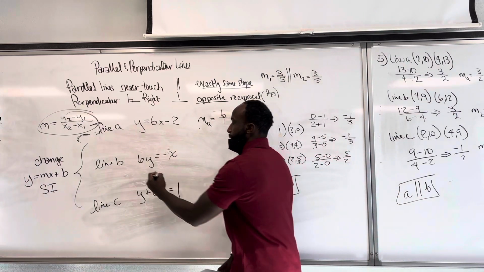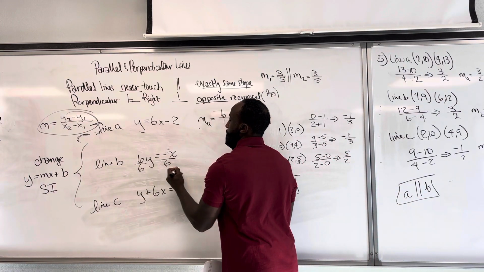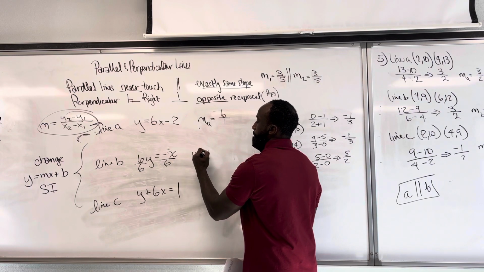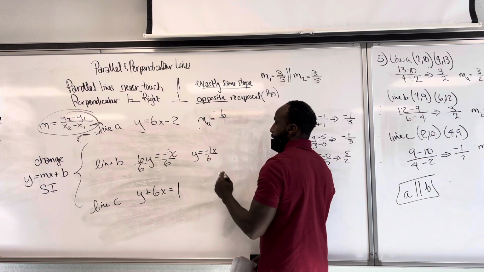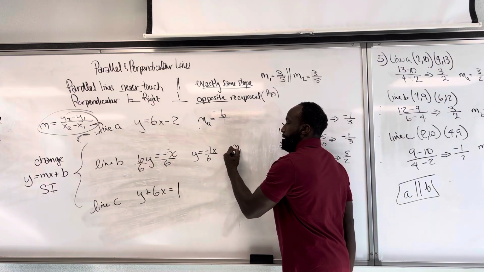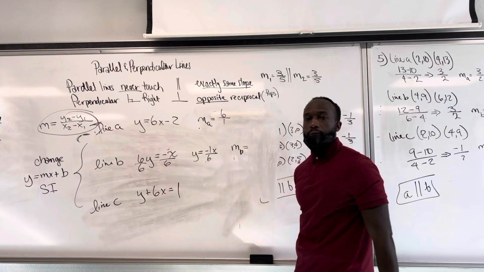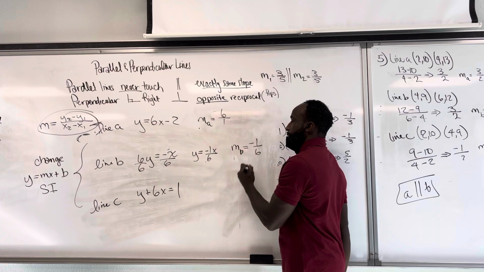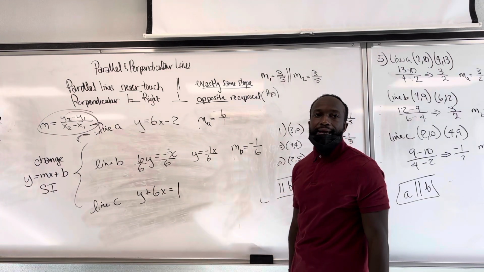Yeah, divide by 6. So now your equation says y equals negative 1x over 6. And that's it. So m of b, the slope of b, is negative 1/6. Right?